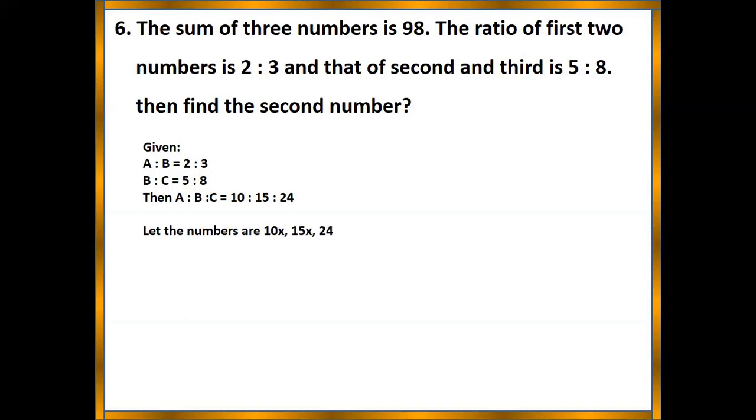The sum of these three numbers is 98. It means that 10x plus 15x plus 24x, the sum of the three numbers A plus B plus C is 98, the given. So 10 plus 15, 25, 25 plus 24, 49x is equal to 98. From that, x is equal to 2.